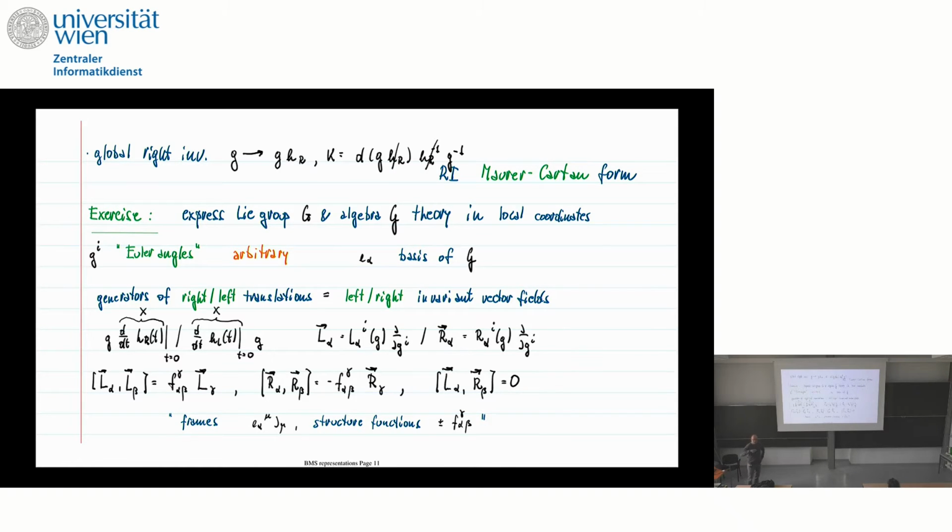For the left invariant vector fields you get the f's, for the right invariant vector fields you get minus the f's, and these two sets of frames commute.